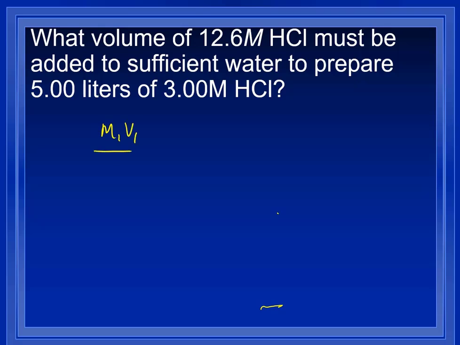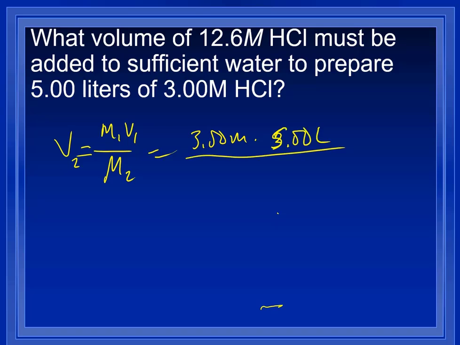M1V1 over M2 is going to equal V2. So that was 3.00 molar times 5.00 liters divided by 12.6 molar. So 15 divided by 12.6 is 1.19 liters. That's as hard as it gets.